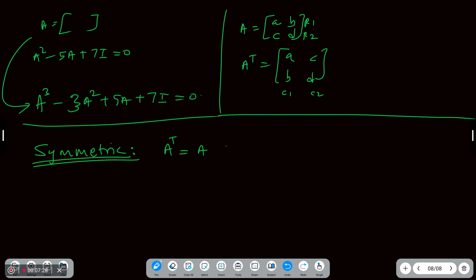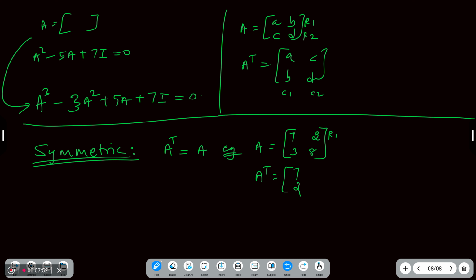Example: you see, A is equal to 7, 3, 3, 8. Now you apply transpose for this. Row 1, I am going to write as a column: 7, 3.